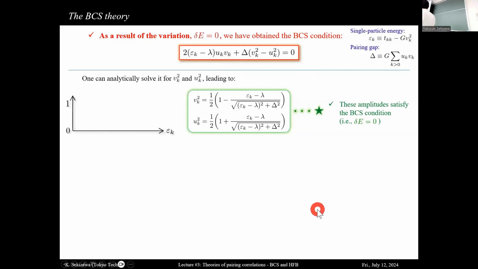And this indicates that when the pairing gap delta becomes 0, then, for instance, this term becomes 1, and this VK becomes 0, right? It depends on this.